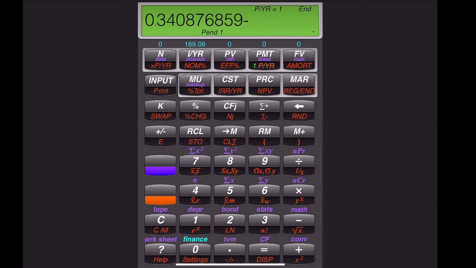Is it just this one? No, that's not it. Oh, here it is. Okay. Change the sign, +1 equals, multiply 100, divide by 0.003 equals. Okay, so it worked. So the problem might have been the y to the x key. You have to hit the orange key first before you do that. Okay?